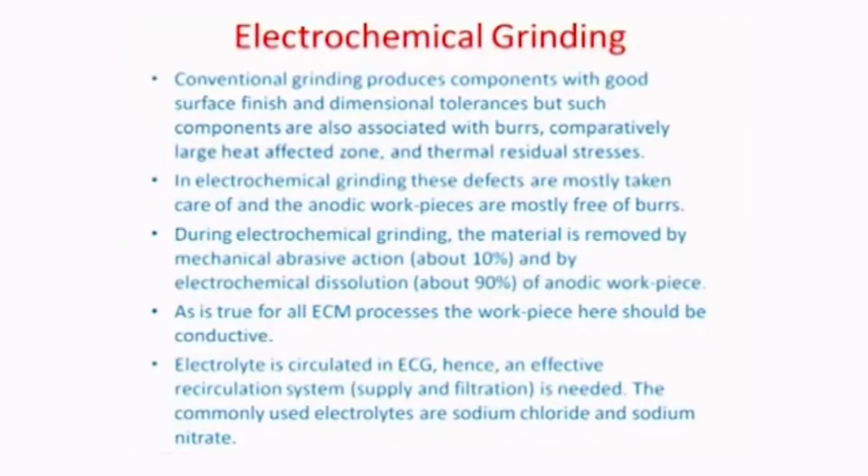So, conventional grinding is a very fine machining process, which in general produces a superior surface finish of the components. And conventional grinding is typically used as a finishing operation on most of the components that are sent for grinding, because their dimensional tolerance as such is low.